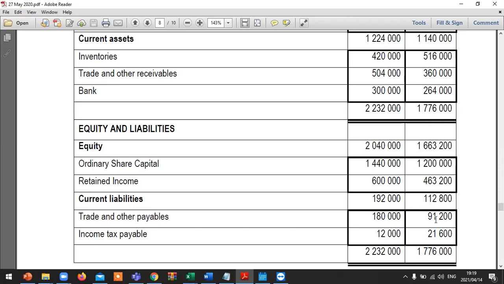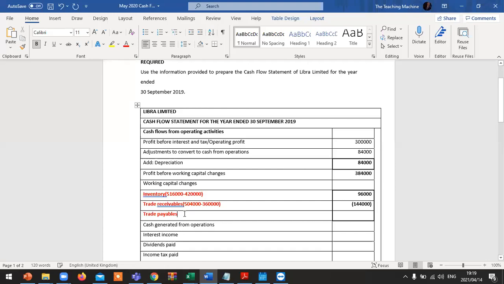So what will be the effect on the cash flow statement? Can anyone explain? What will be the effect? In the previous year, we had 91,200, but in the current year, we have 180,000.